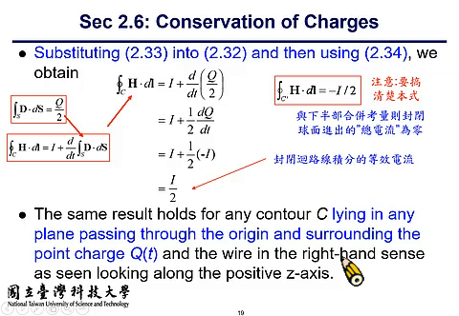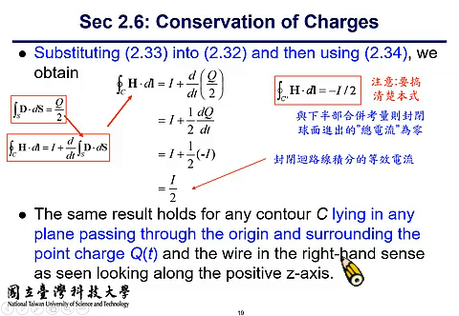So the total result of the closed loop integral of the magnetic field on the top hemisphere is I over 2. And if you combine the two, you will end up with 0.